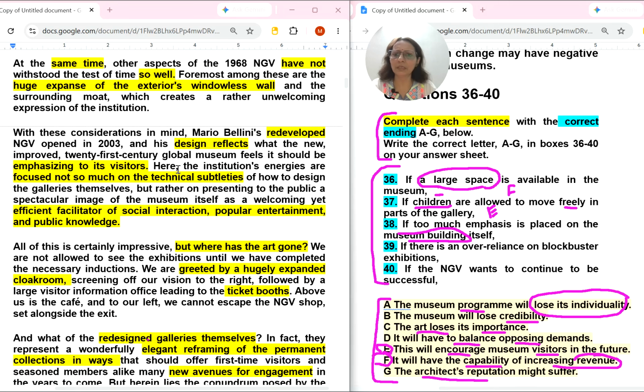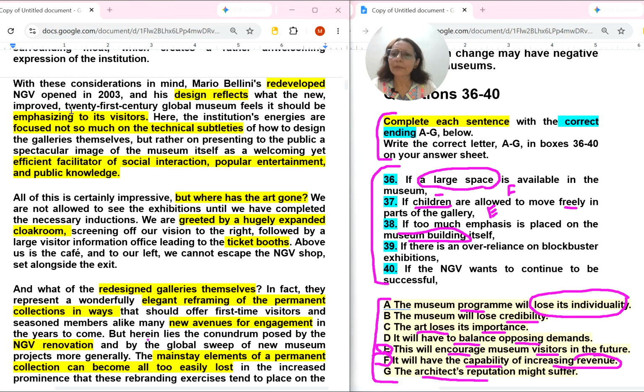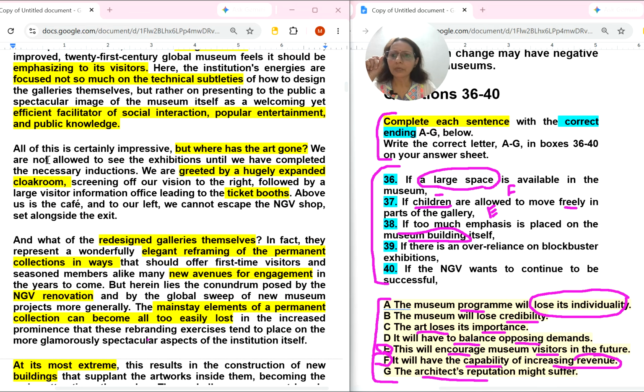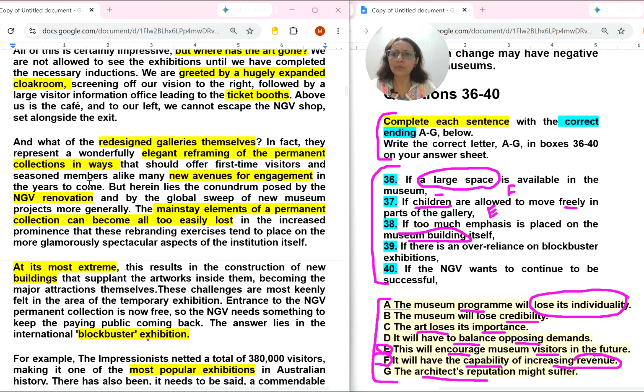This is not building related. We add a social interaction. All of this is certainly impressive, but where is the art? We are greeted by a hugely expanded cloakroom. I think we are not allowed to see the exhibition until we have completed the necessary introduction. Here also there is nothing building related.